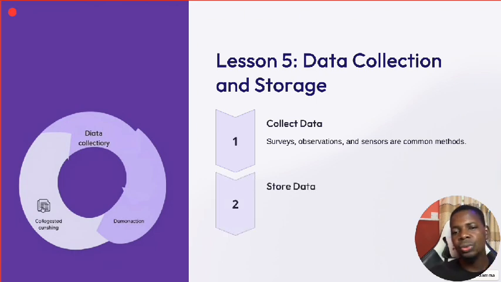Right. So how do we store data? Before now, when everything was still paper and file, traditionally data was stored in notebooks, in papers, in files, in small cases, in operation rooms, and different other means like that.